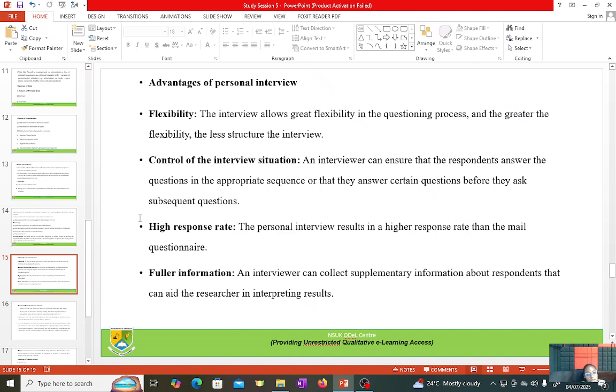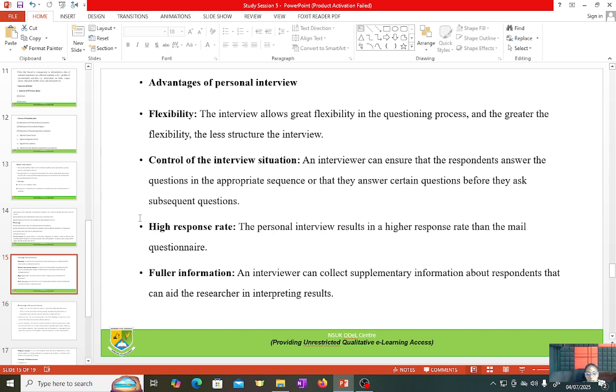High response rate. The personal interview results in a higher response rate than the email questionnaire, because it's easier to ignore an email than to ignore an interviewer seated right in front of you. So the researcher is most likely to get results when using personal interview. Fuller information.